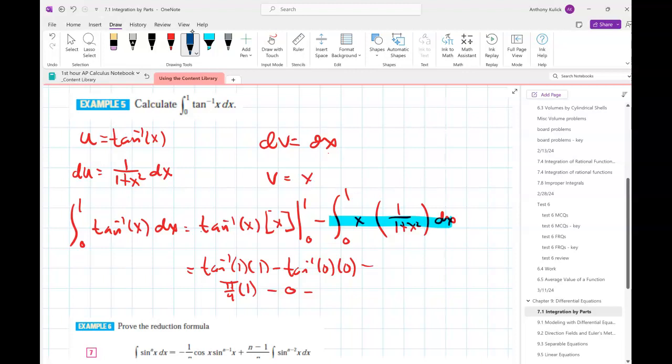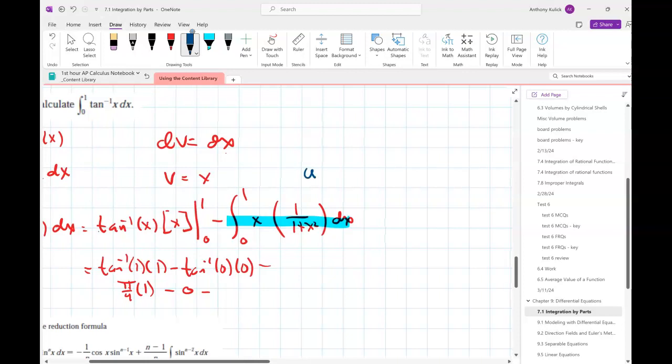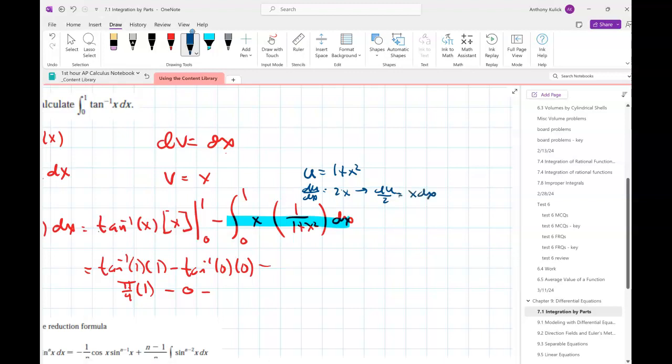Yeah, good job, Isabel. This is just going to be a u sub. What should u be? 1 plus x squared. So du dx is just 2x, so du over 2 is just going to be x dx.